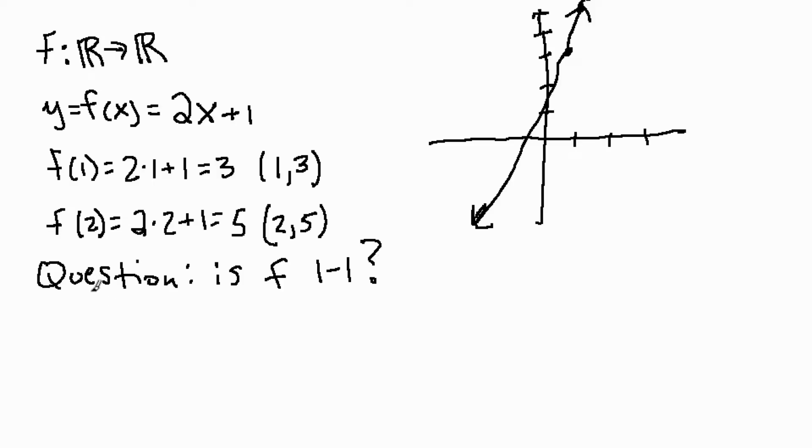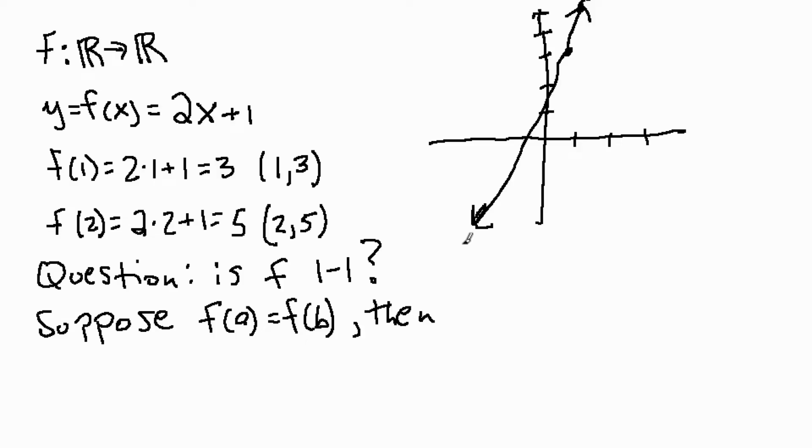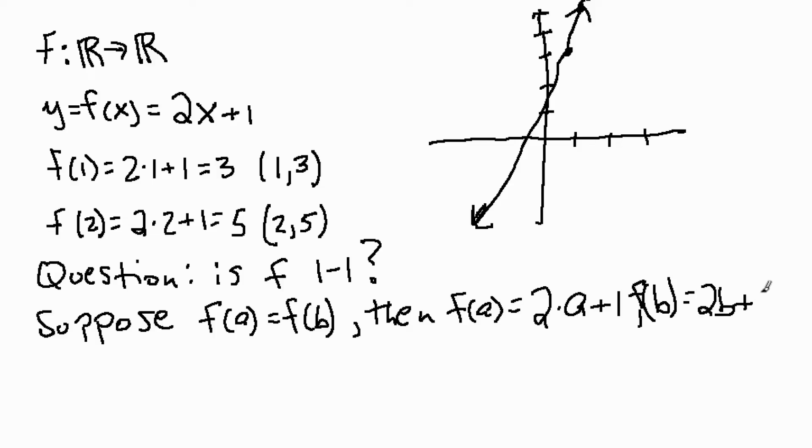Well, the way that I would approach this is the following. Suppose that f of a is equal to f of b. Then I would have f of a is equal to 2 times a plus 1, and I would have that f of b is equal to 2 times b plus 1.